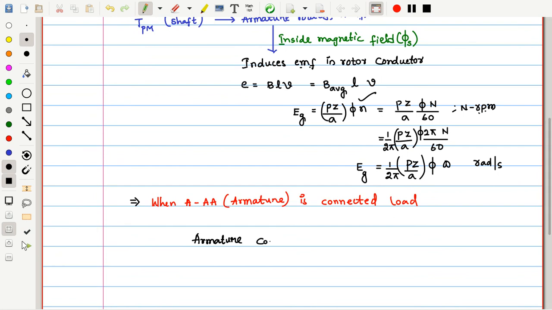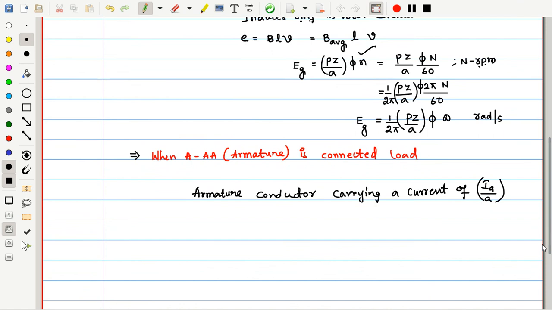The armature conductor is carrying a current of, let us say, Ia by A amperes. We know that there are several parallel paths, in which each parallel path current is equal to each conductor current.